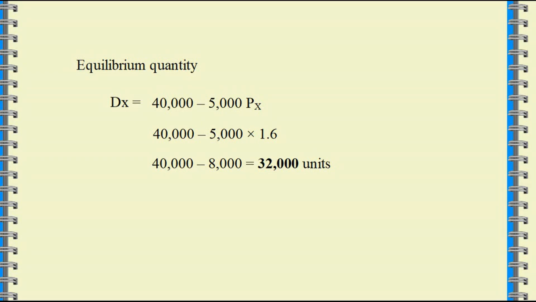Once we get the equilibrium price, the next step is finding the equilibrium quantity. In order to find it, we use the equilibrium price in the place of Px in the market demand function or in the market supply function. It should give us the same result whether we put it in the market demand function or in the market supply function.